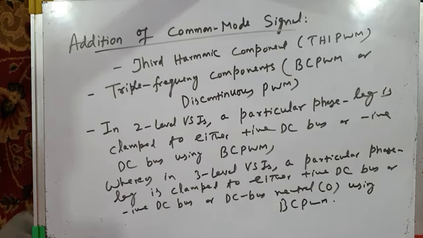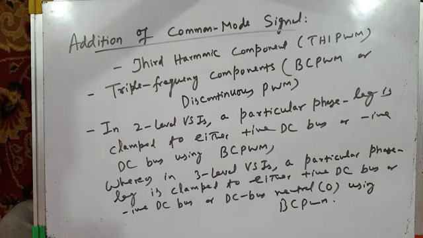So in 2-level inverters, using any bus clamping PWM technique, whether it is continual clamp PWM or split clamp PWM or 60-degree clamp PWM or 30-degree clamp PWM, a particular phase leg is clamped to either positive DC bus or negative DC bus.